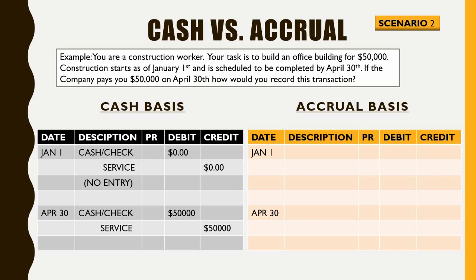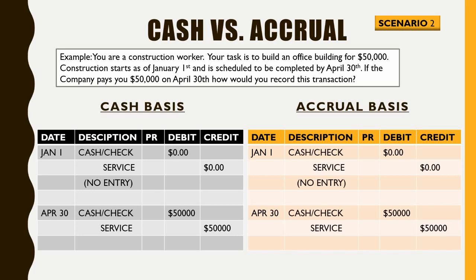All right? Under the accrual basis, it's going to be the exact same thing as your cash basis because the task was completed in April, so therefore it will be recorded in April. Okay? Any questions on this?